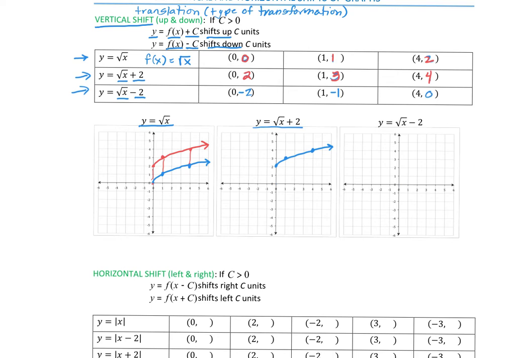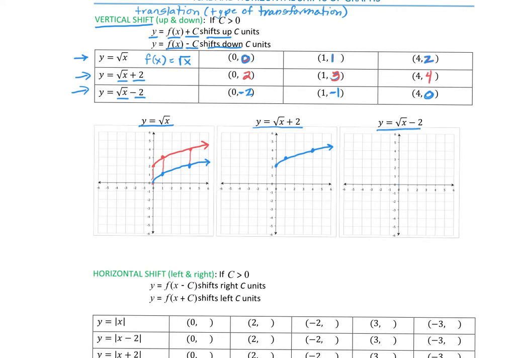So remember, this is with respect to our original basic graph, y is equal to the square root of x. What we're doing is we're taking the y value 0 and we're subtracting 2 to get a negative 2. Taking the y value of 1, subtracting 2 to get a negative 1. Taking the y value of 2, subtracting 2 to get 0.